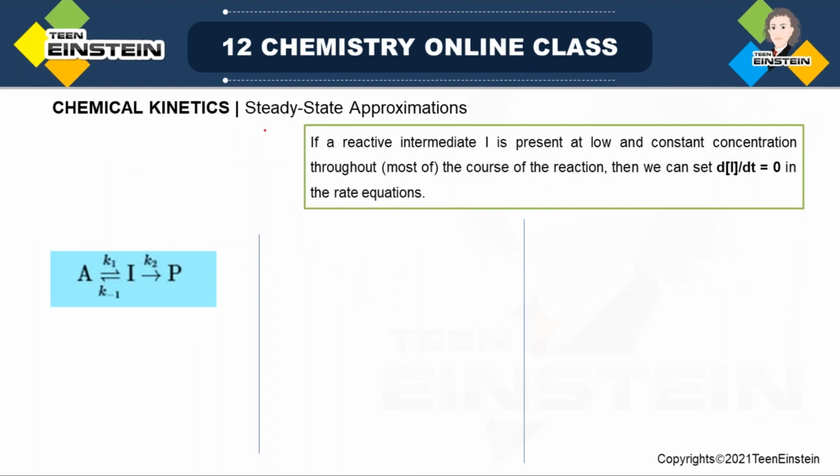Next is steady state approximation in consecutive reaction. Why are we calling it steady state? Here the intermediate is I. Look at this reaction.